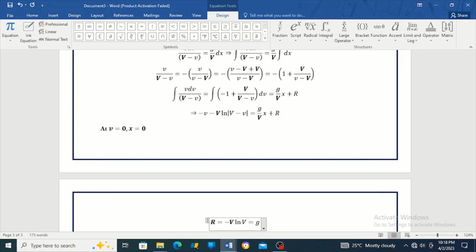Our x is 0. Sorry, we just have to subtract this because we need r. So this quantity here is 0, so we just get this.